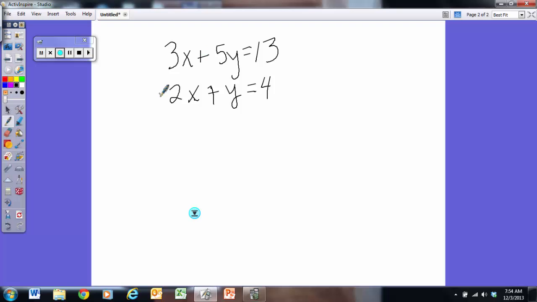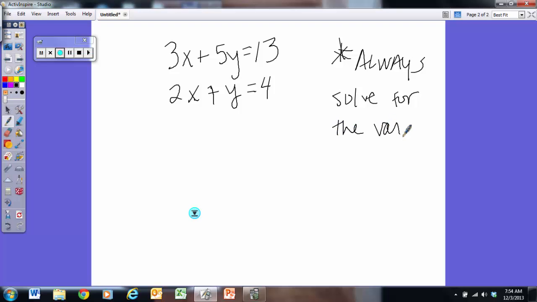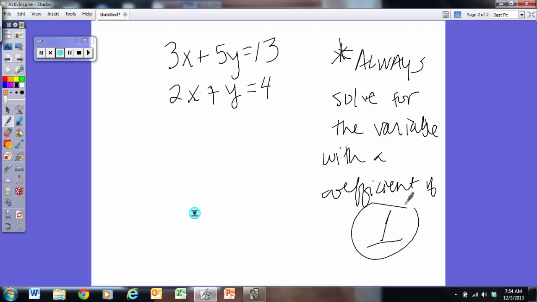So, the rule of thumb is always solve for the variable with a coefficient of 1.